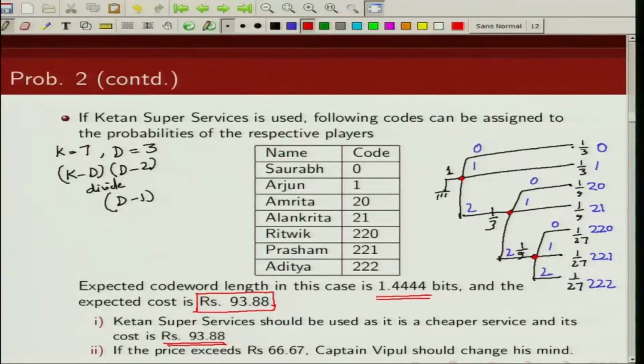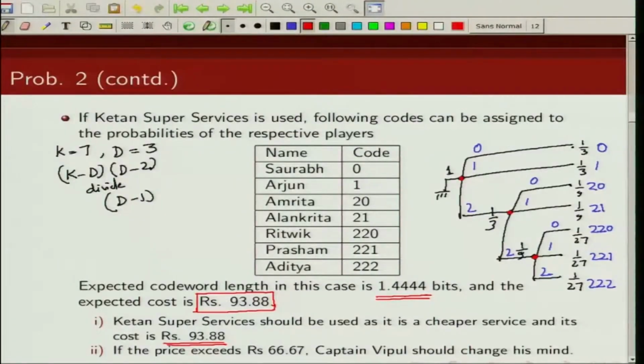The next part of the question was by what price, if he increases Ketan's charges, at what point Vipul will change his decision. So that we can calculate. We know the expected code word length for ternary, which is 1.4444 into cost, let's say cost is rupees X, and the cost of binary transmission is 40 and the number of bits is 2.4.